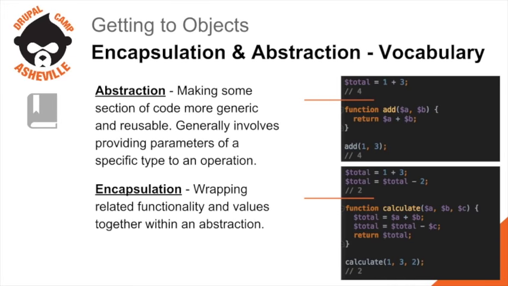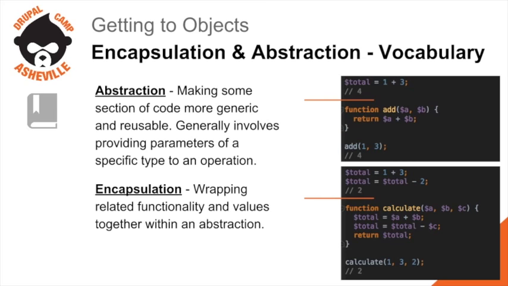So we're going to start by, let's talk about what is abstraction. Abstraction, a fancy word, and what it means is to make something more generic and therefore more reusable. So I'm going to throw the word abstraction around a lot, and I just want you to understand that it means to make something more generic. And often the way that's done is by modifying something to a function or to a class that accepts parameters, because that's what makes it more generic.